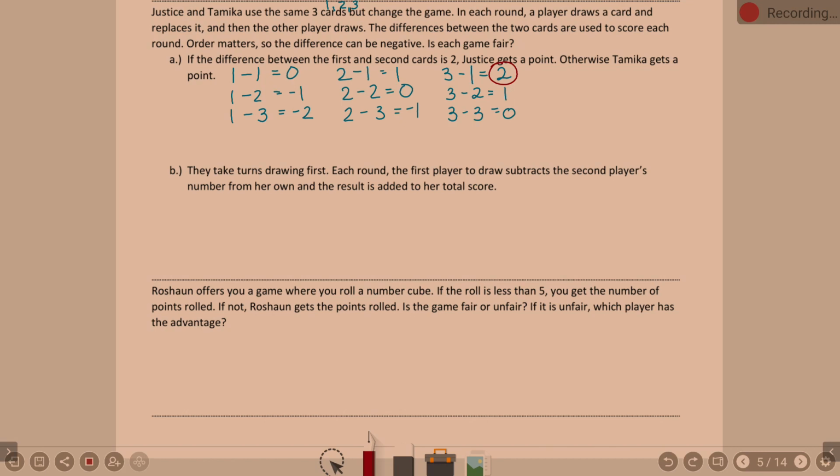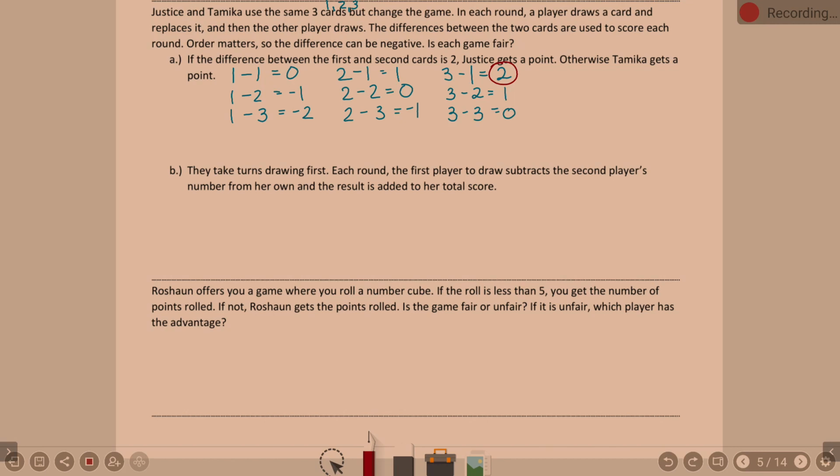So the probability that Justice gets a point is 1/9. Otherwise, Tamika gets a point. Probability that she gets a point is 8/9. Do I even have to do the math here? So it's unfair. Yeah, this one's unfair because it's 1 point each way, right? But the probability is nowhere near the same.